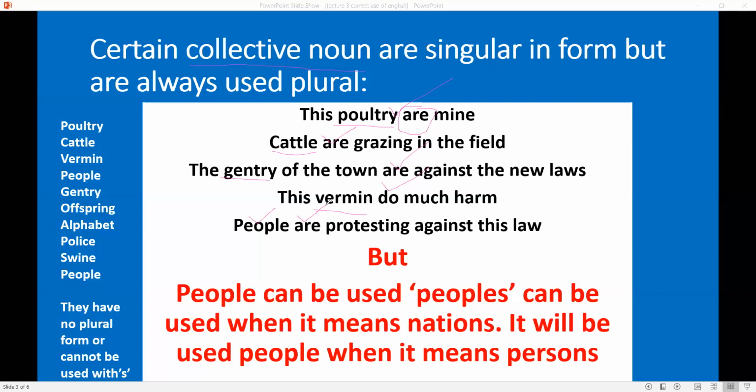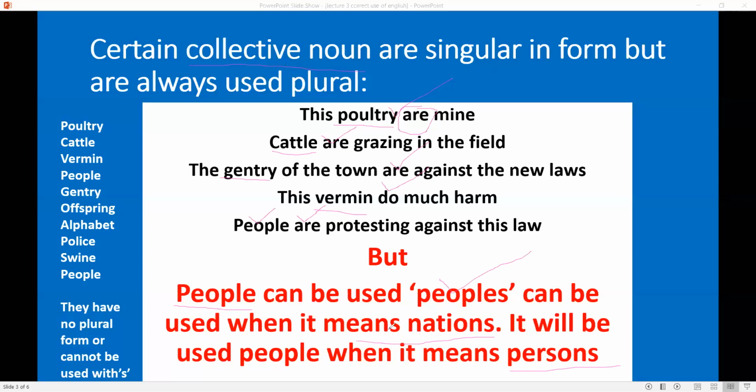There is only one exception in these words, and that exception is people. People, when it is used meaning persons, s cannot be used with it. It cannot be used as peoples. But when it means nations, it may be used with s as peoples.